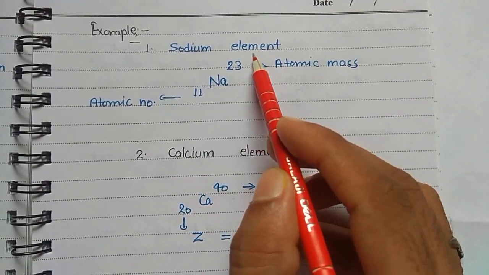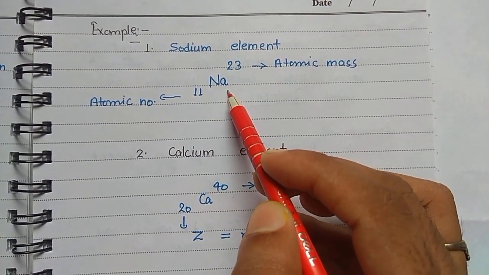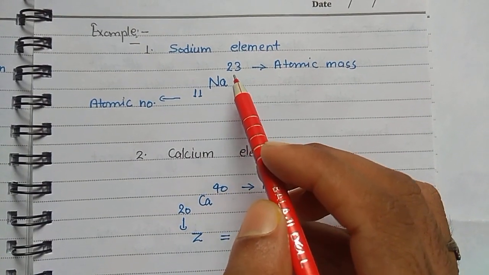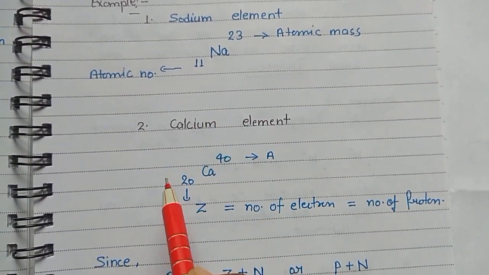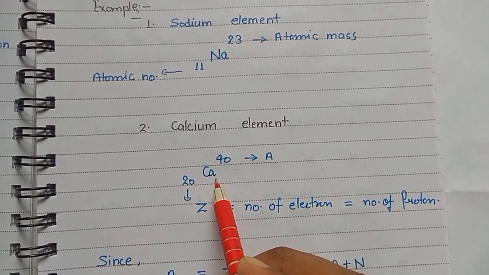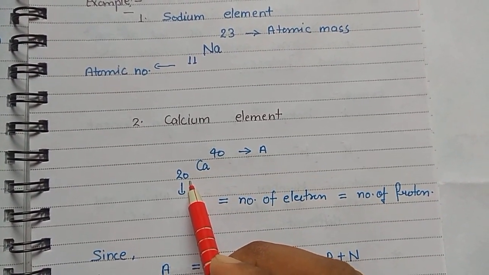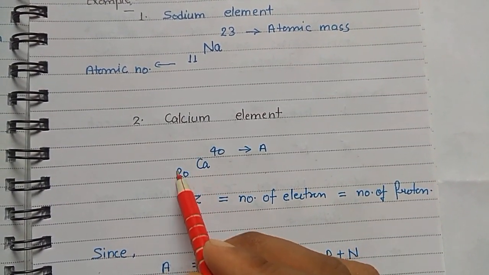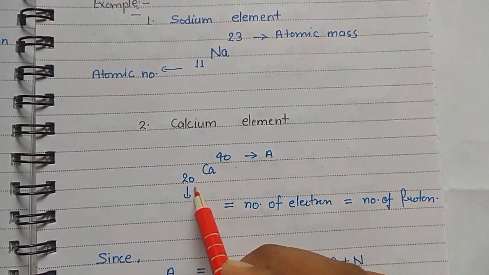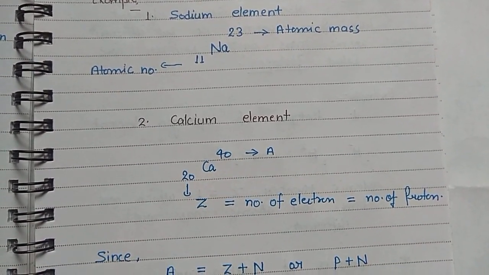So this is a complete representation of sodium with atomic number and atomic mass. Similarly, calcium, the symbol of calcium is Ca, atomic mass 40 and atomic number 20. So this is a complete representation of calcium with atomic mass and atomic number.